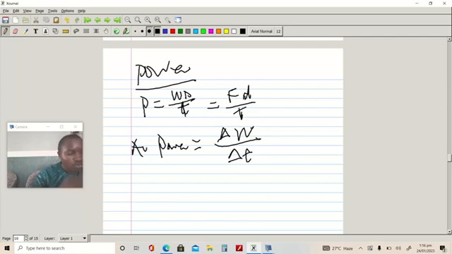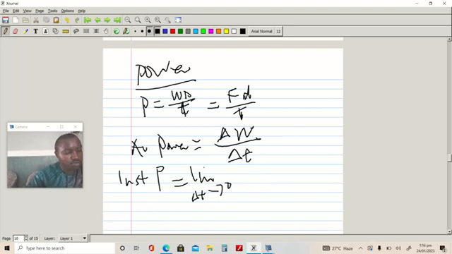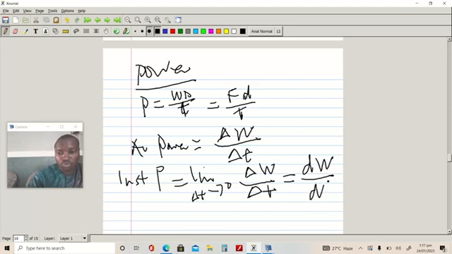We also have what is called instantaneous power, which is equal to the limit as time tends to 0 of change in work over change in time. And of course, this is equal to dW/dt.